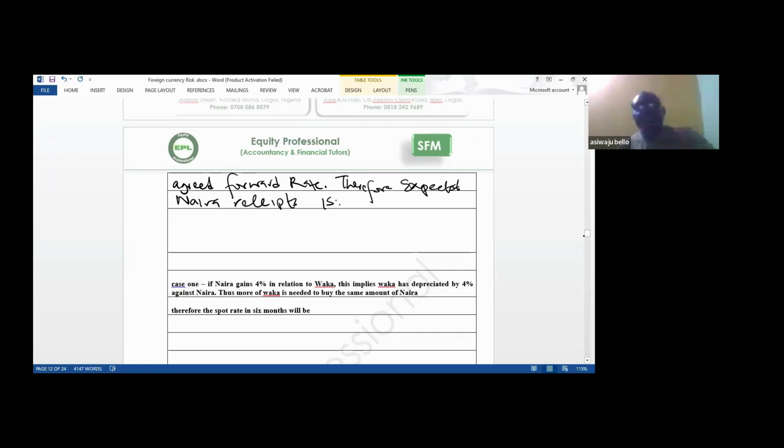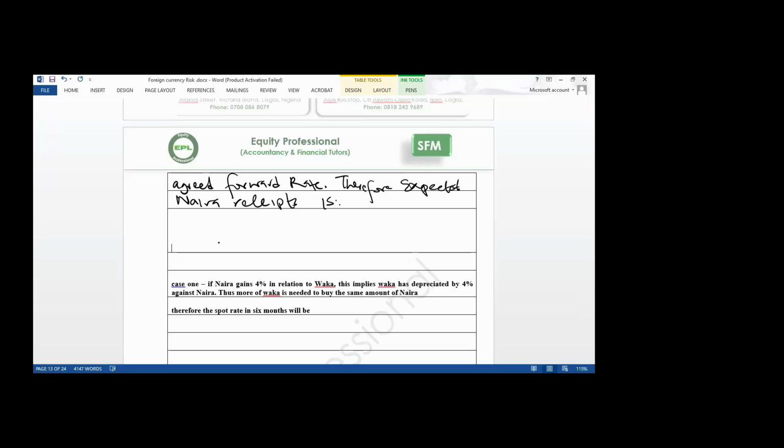Now the question is, am I going to divide by the exchange rate or am I going to multiply? I'm expecting 500,000 waka in 6 months' time, and I'm going to convert at 2.535. Are we going to multiply to get Naira or are we going to divide? Please note, we are going to divide.